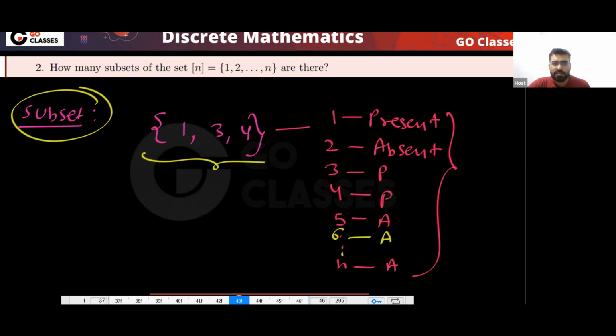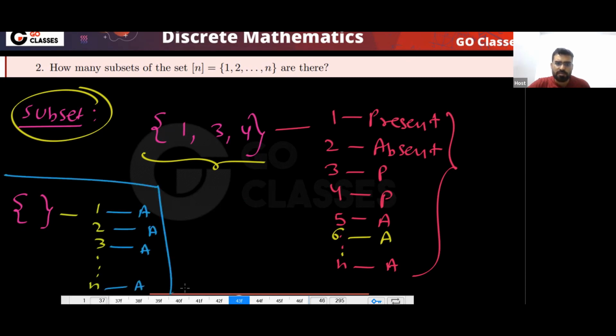So this is the idea, correct? Is this idea clear? For example, if I give you the empty subset, what will you say? You will say that all are absent. This is absent, this is absent, this is absent, this is absent. So for this subset, you will say like this. So this is the idea.